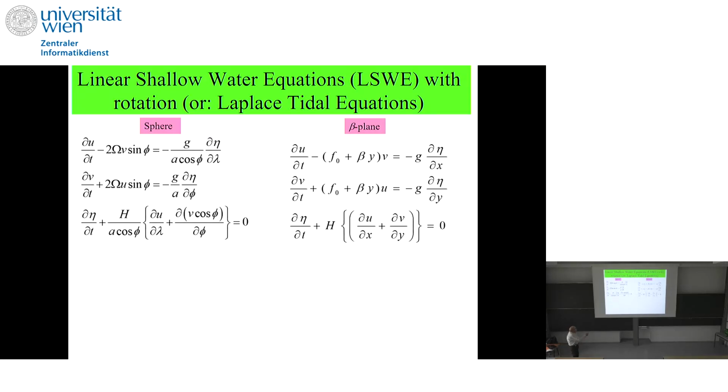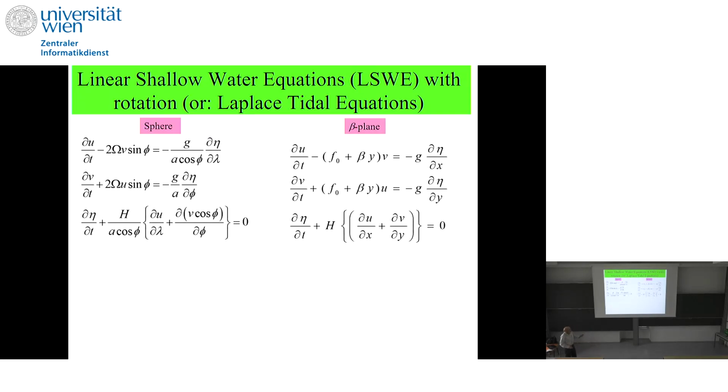We leave this to be cosine phi 0, so cosine phi 0 times d lambda is exactly dx. That's exactly the definition if you look at what happens along a circle. And the same thing is true, of course, here and here. We just take cosine phi 0 to be 1. Okay, so this is the beta plane.